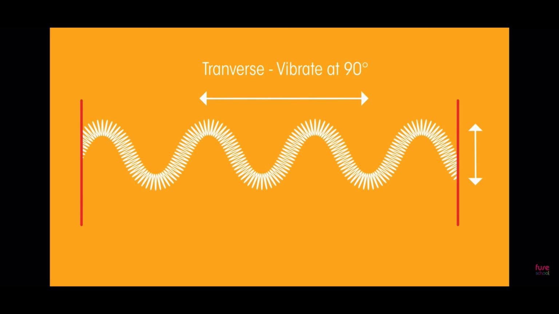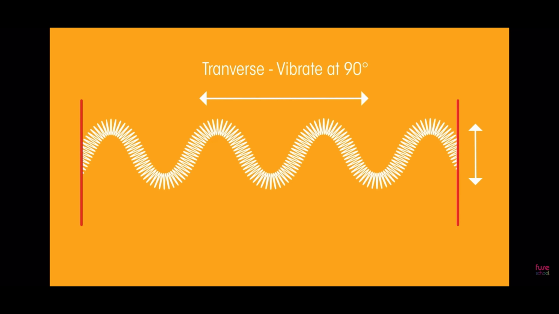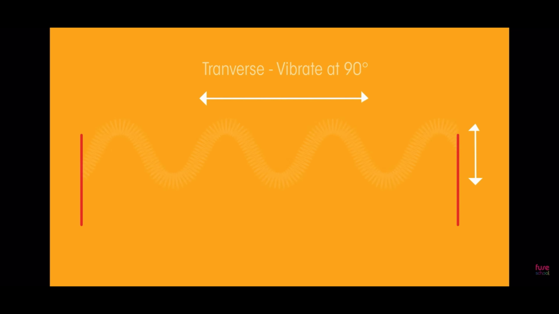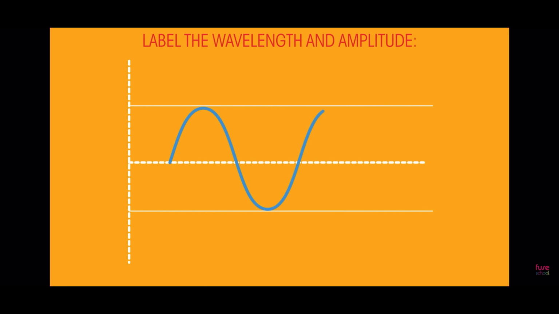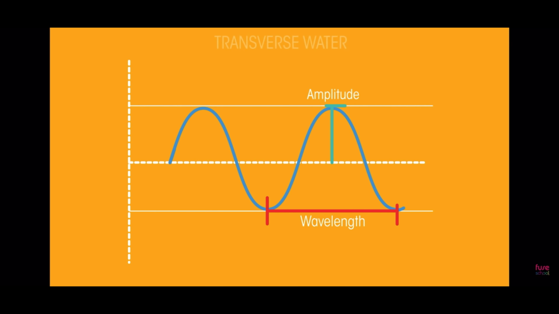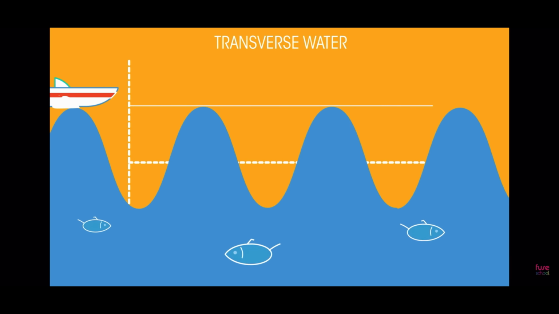Again, the ends of the slinky never leave the hands holding it, it's just the energy that moves along. Transverse waves are usually used to show the wavelength and amplitude. Pause the video and see if you can remember how to label the amplitude and wavelength on the diagram. Did you get them right? The waves on the surface of water are transverse waves.